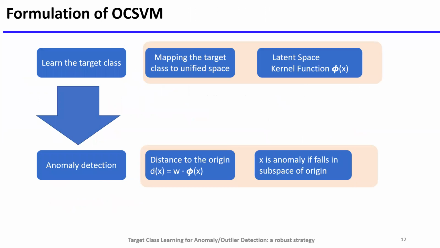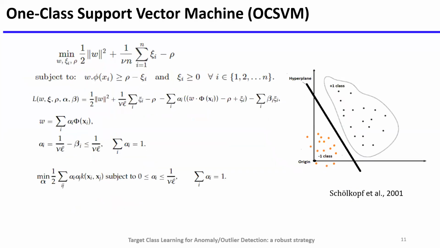Coming to the one-class support vector machine, the second variant of the one-class support vector classifier. If you see this objective function, it seems like the objective function of a support vector machine. This model was developed by Cook.